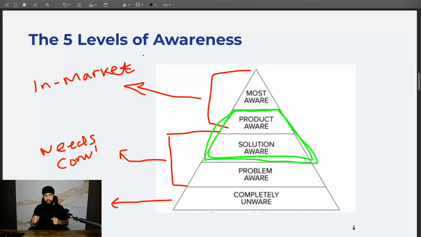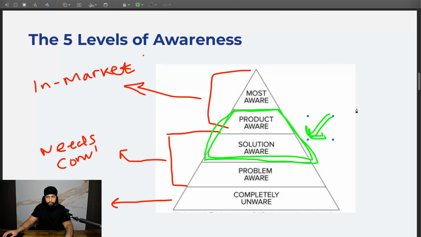When you're advertising to begin with and you're going after in-market buyers, okay, you will be primarily going after the product aware and the solution aware people. Okay.